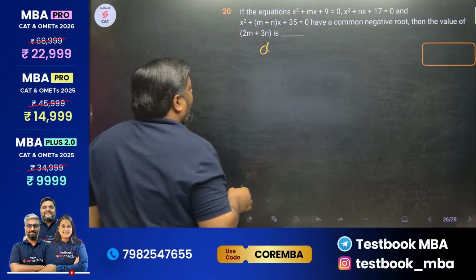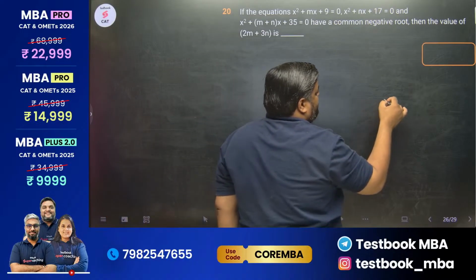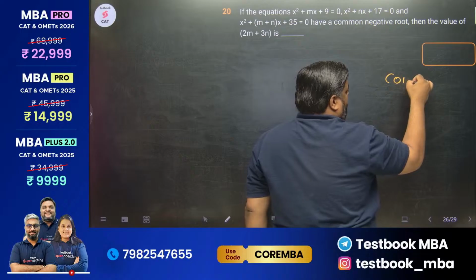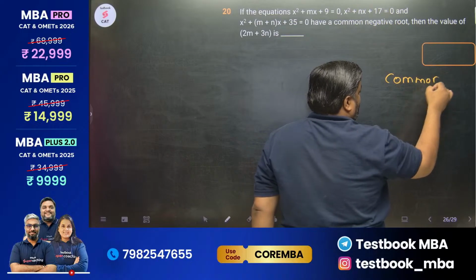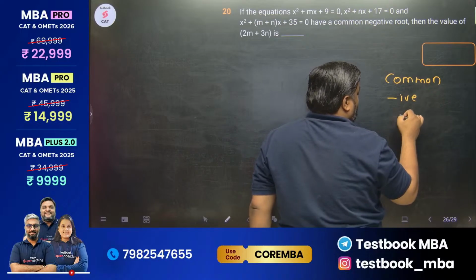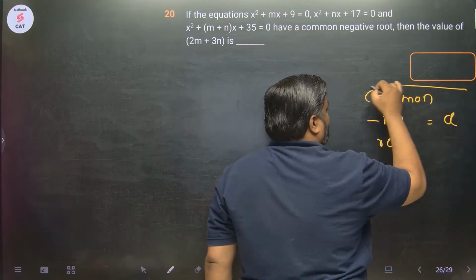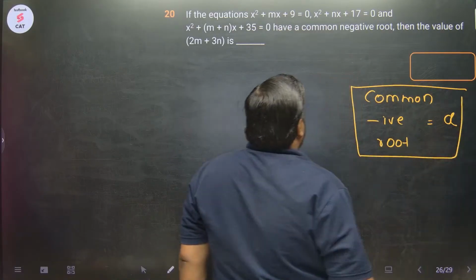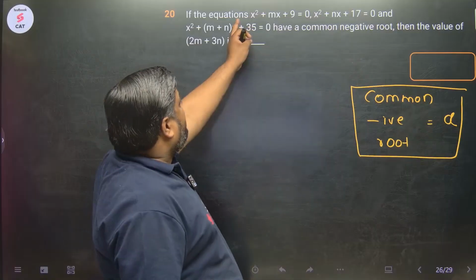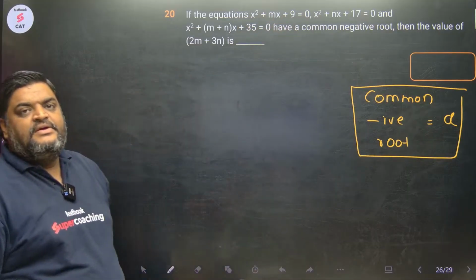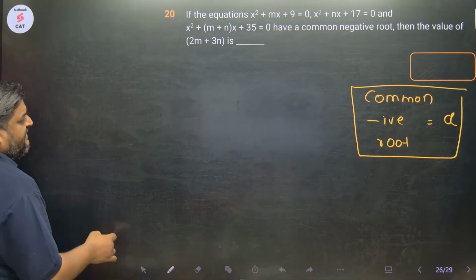Let's say the common negative root is alpha. So this alpha must satisfy these equations.